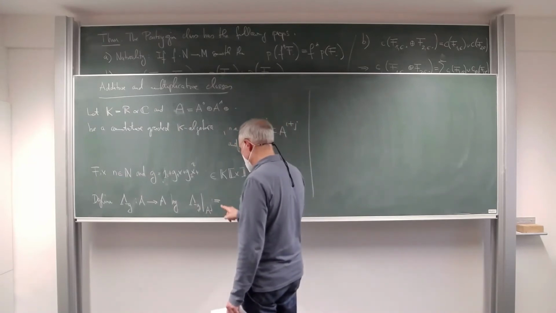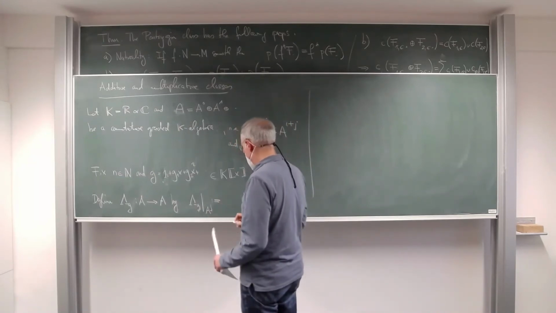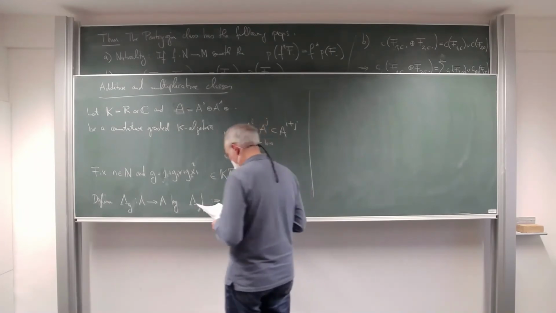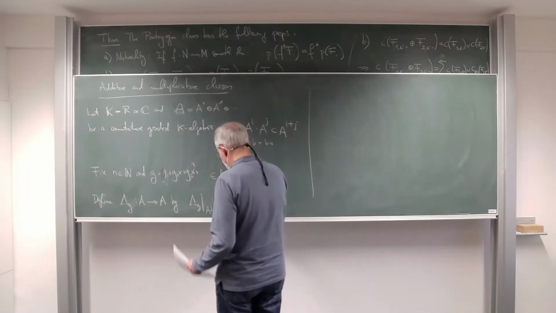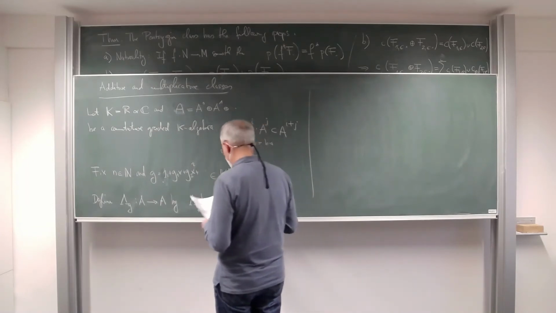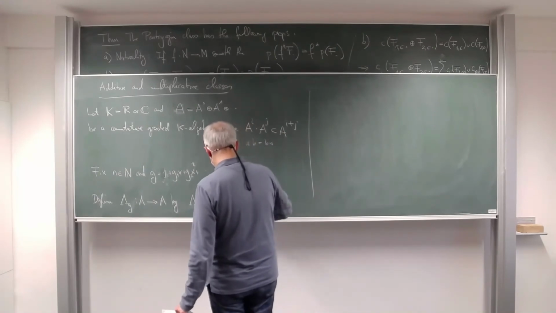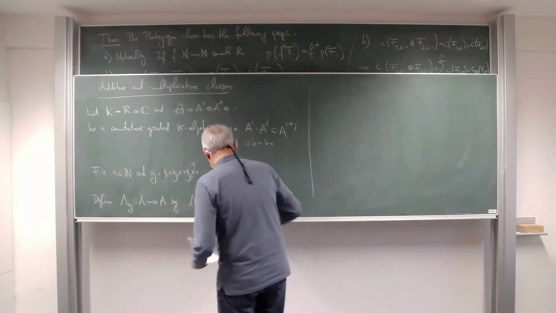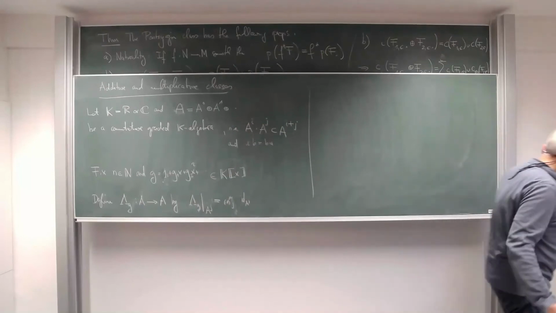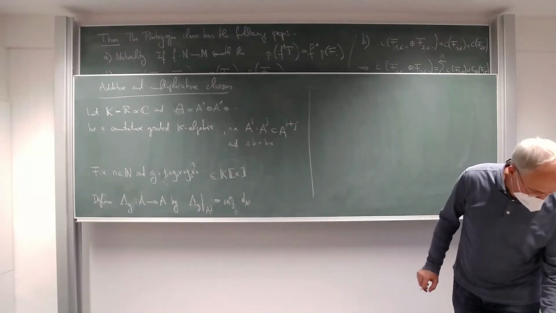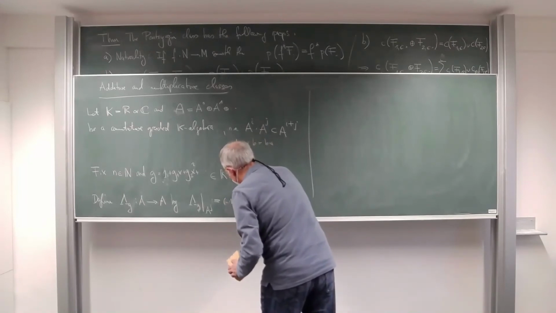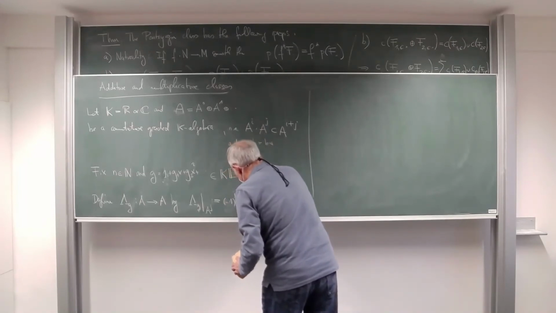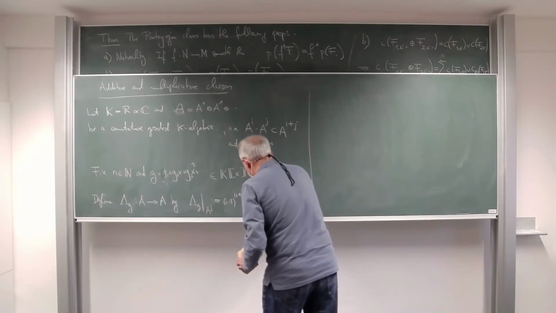Well, we take the following multiple of the identity, namely gj up to a sign, -1 to j plus 1, and then in addition I multiply with j. The sign is -1 to j plus 1 times j times gj times the identity.